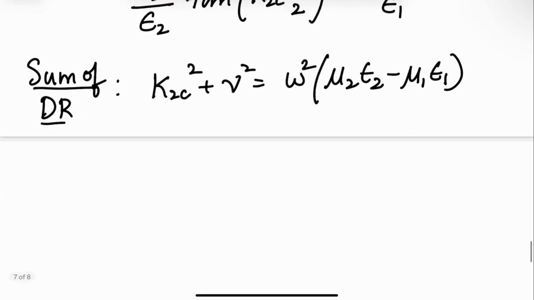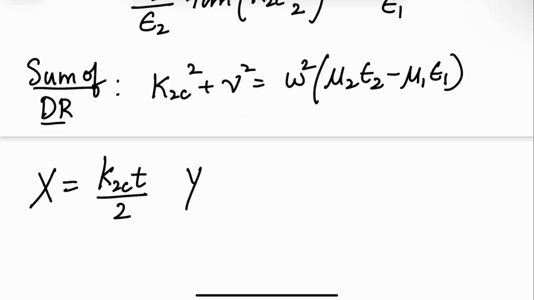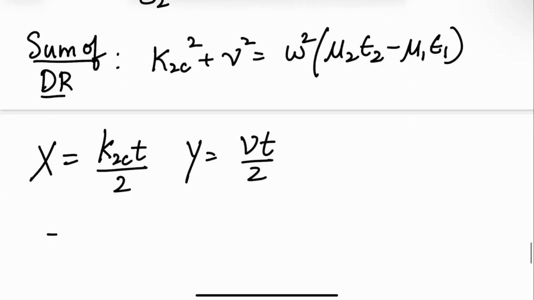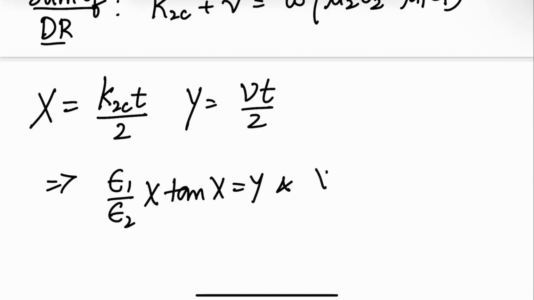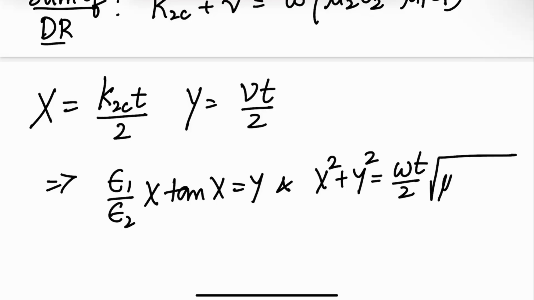Okay. So in order to graph it, I'll define x as K2C times t over 2, and y as nu t over 2. Then those two equations become epsilon 1 over epsilon 2, x tan x equal to y, and x squared plus y squared equal to omega t over 2, square root of mu2 epsilon 2 minus mu1 epsilon 1, whole square.